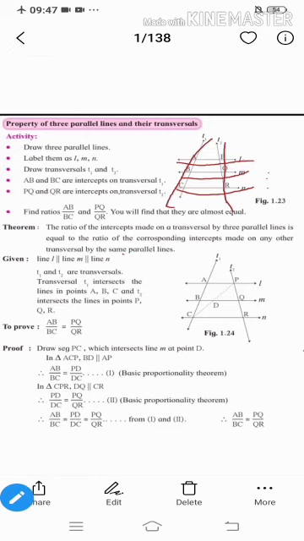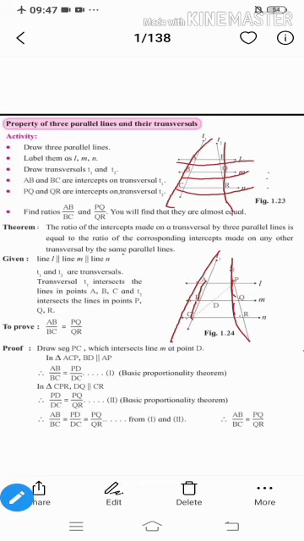T1 and T2 are transversals. T1 intersects the lines at points A, B and C, and T2 intersects the lines at points P, Q and R. So what do we prove? We prove AB upon BC is equal to PQ upon QR.